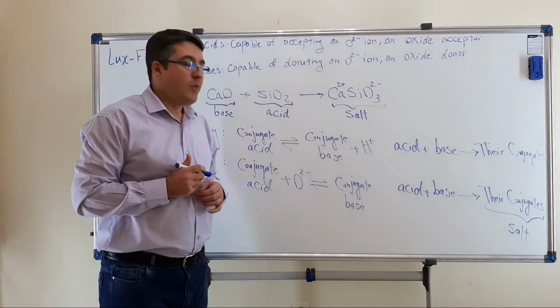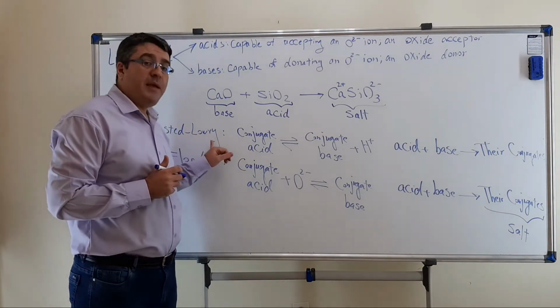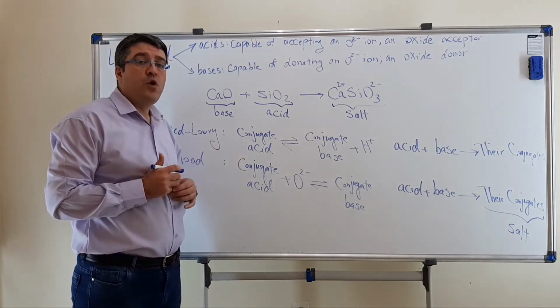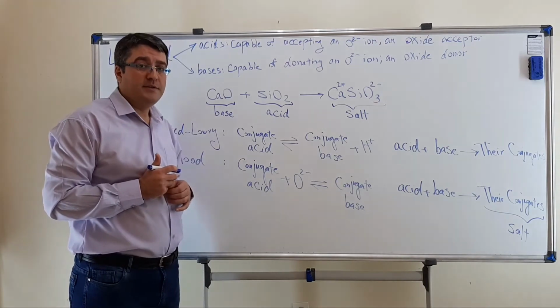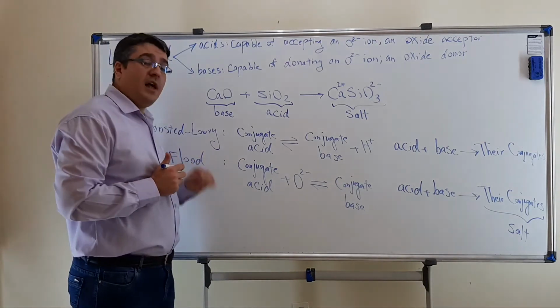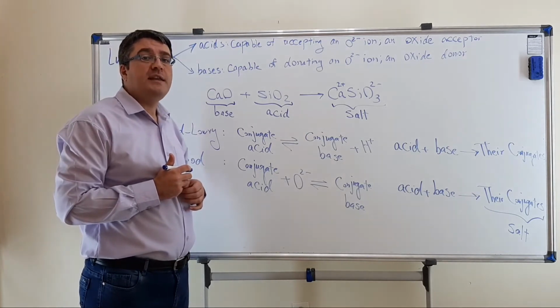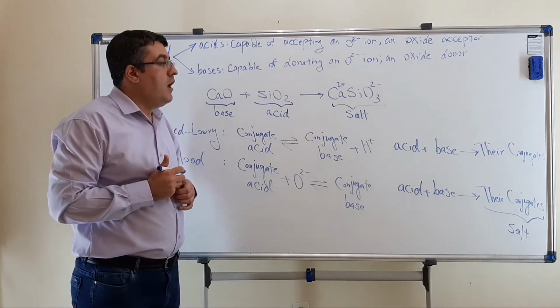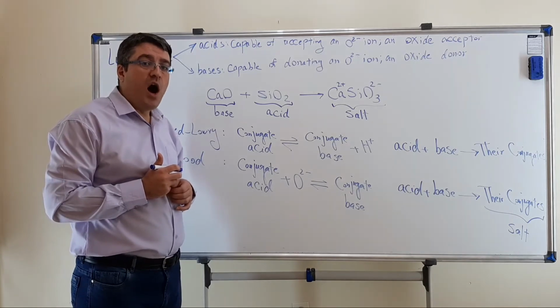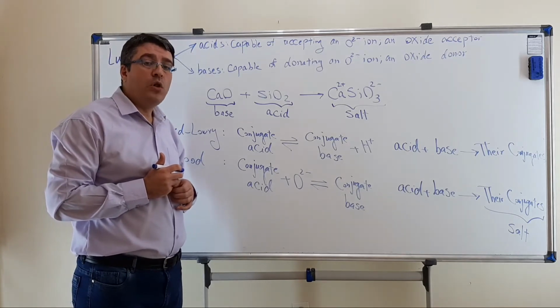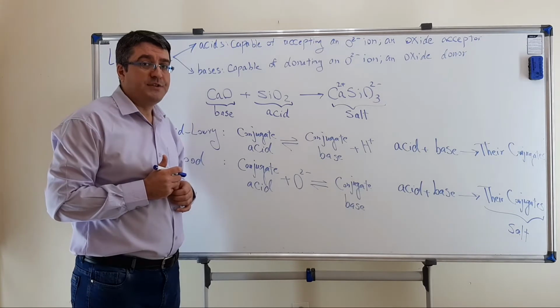Because of this, while Brønsted-Lowry acid-base theory is useful for hydrogen-containing compounds, Lux-Flood acid-base theory is useful for oxygen-containing compounds like oxides and salts of oxyacids in their molten forms at high temperatures.